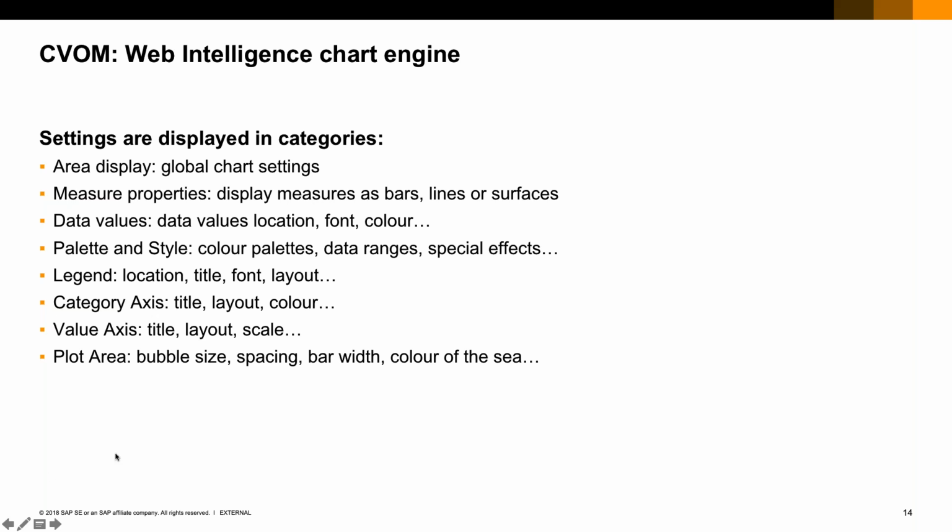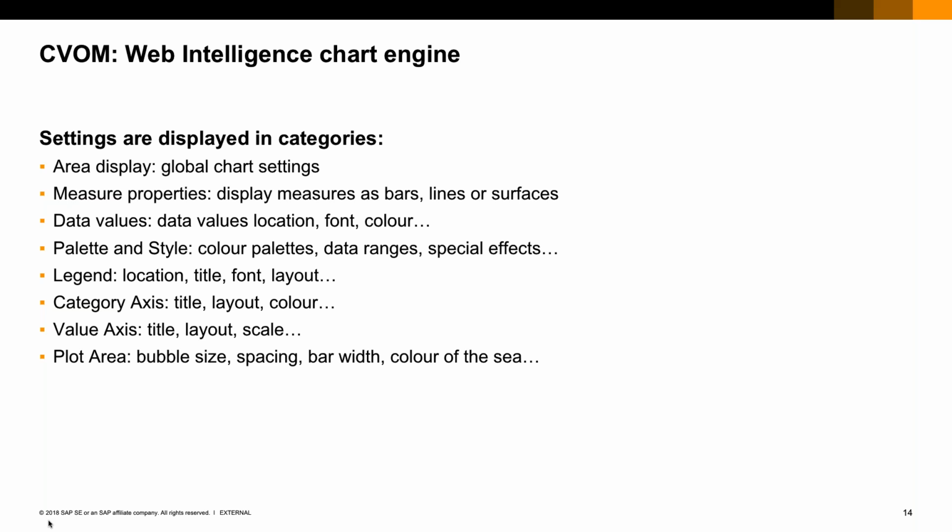So the settings, as I said, there are lots of settings available for the Webi charts, and they're defined into categories. Those categories are more or less fixed. There's one category for the area display, which has global settings for the charts, some measure properties, and settings for the data values, which are the little values you can see on the charts on each data point, on the columns and the bars, where you can define the font, the color, and the location of those data values.